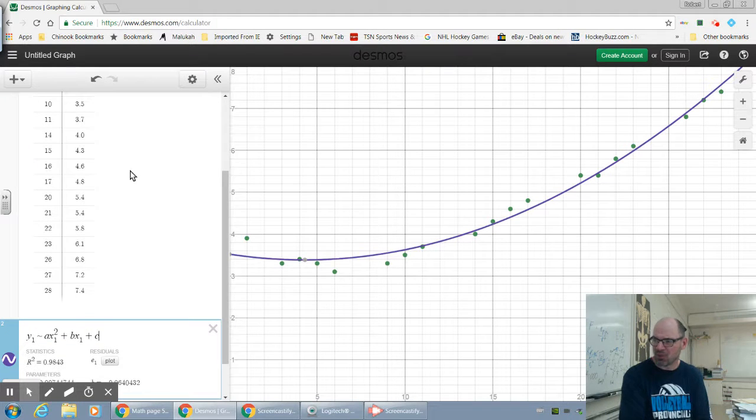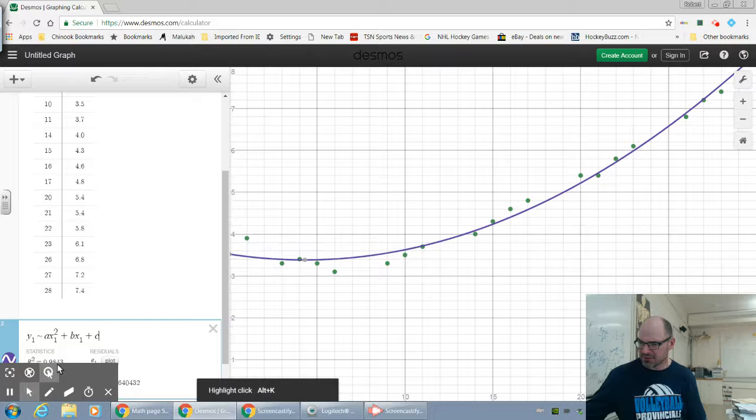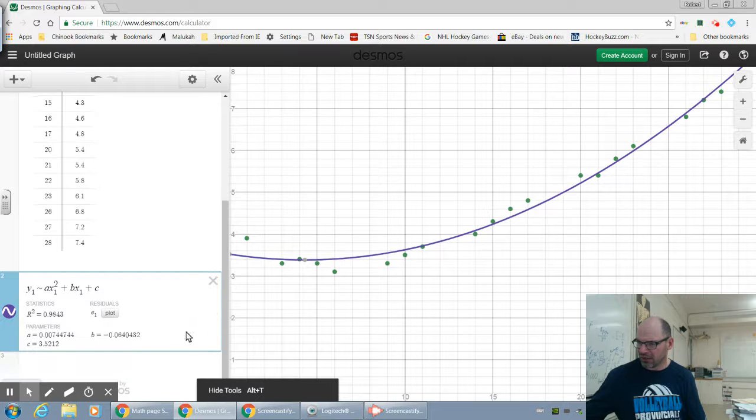Okay, so there is the quadratic regression of a best fit curve. Remember that here is the equation right down here, ax squared plus bx plus c. So a is this number here, b is this number here, and c is this number here.